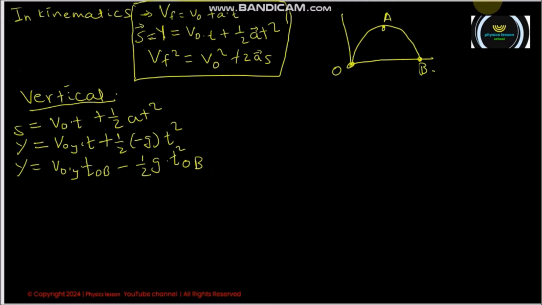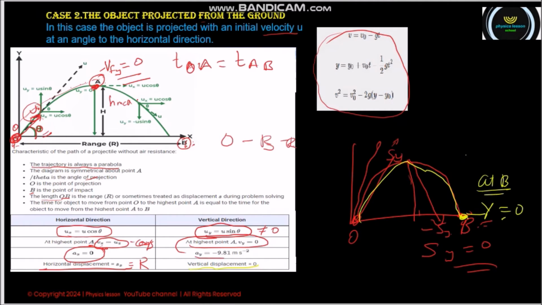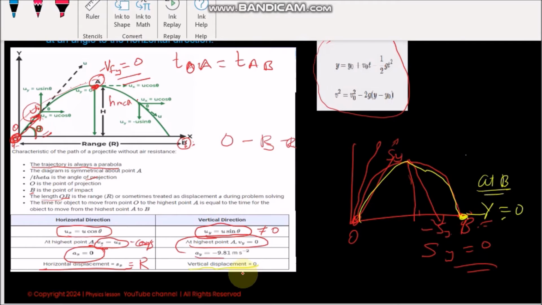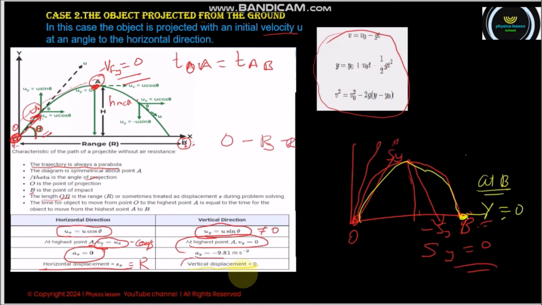Previously we said that, look at this sentence, okay, please pay attention. The vertical displacement is 0 when it reaches this point, because it goes up and then down, so its displacement is 0 at this point.